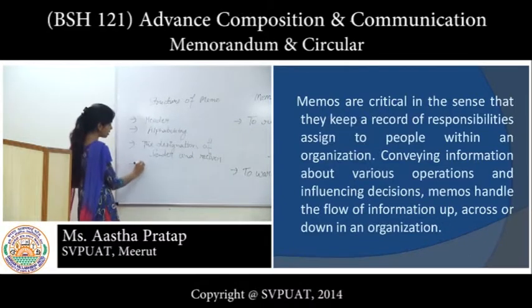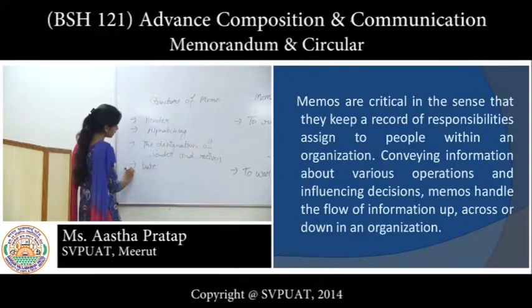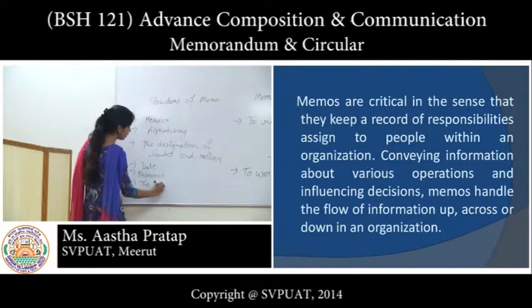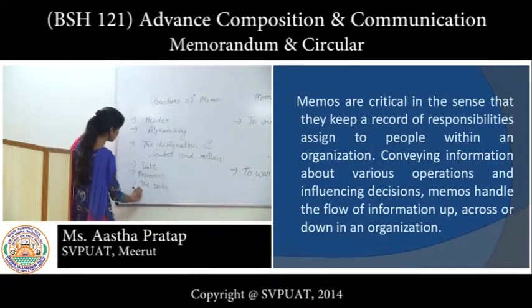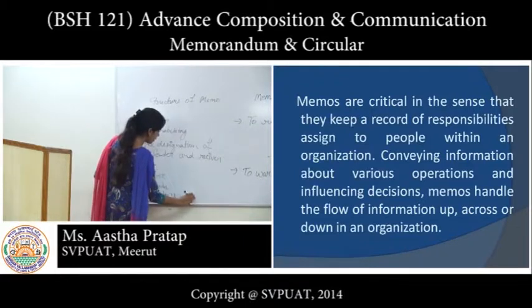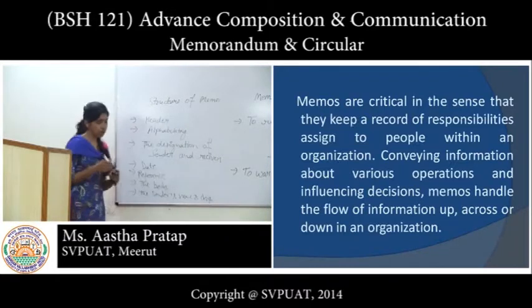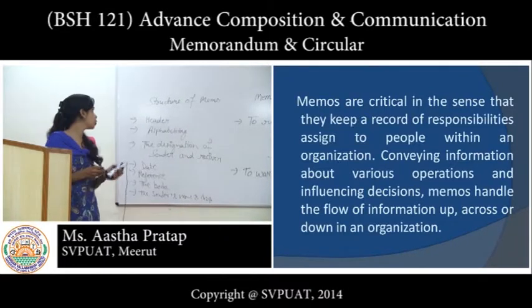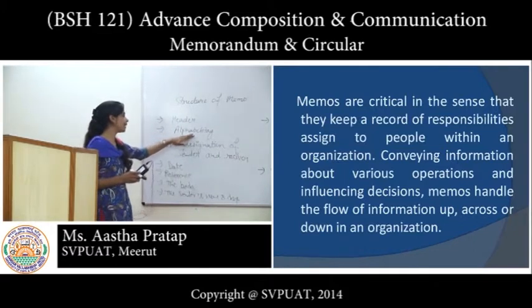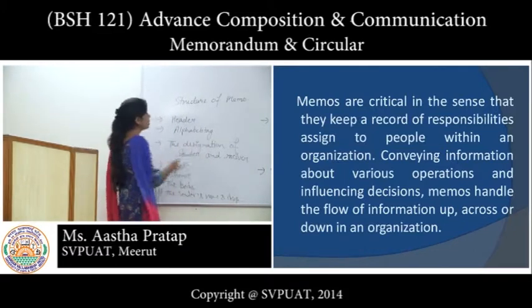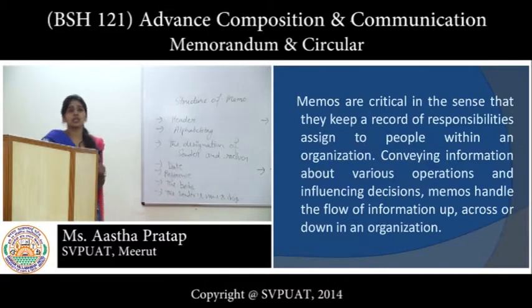It includes date, reference, then the body, and after the body the sender's name and designation. So in the structure of a memorandum we include header, alphabetical tag, the designation of the sender and the receiver, then date, reference, body, then the sender's name and designation.